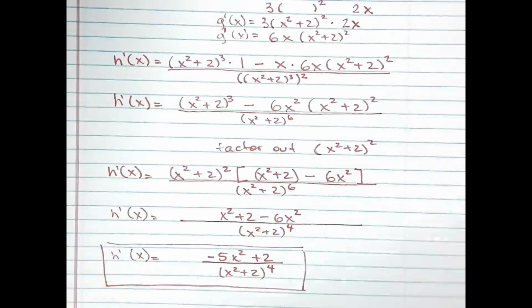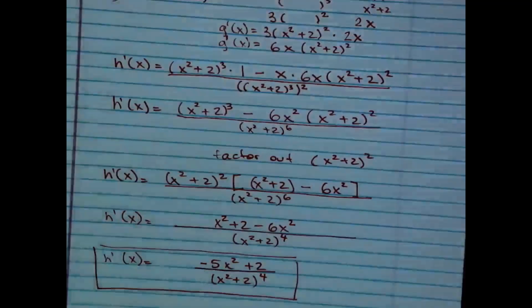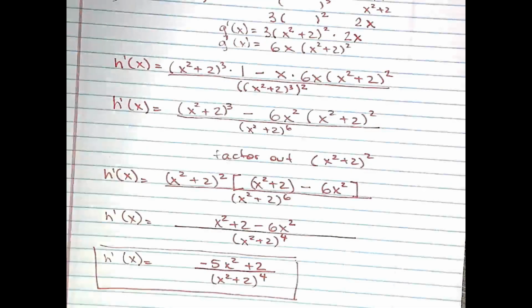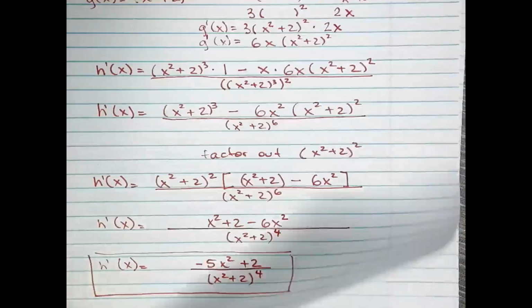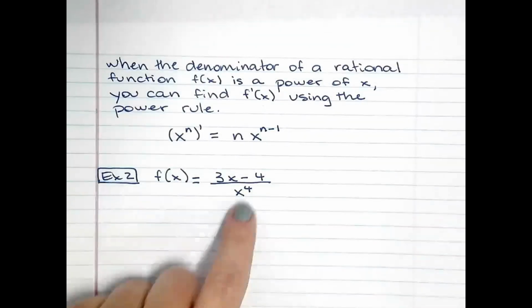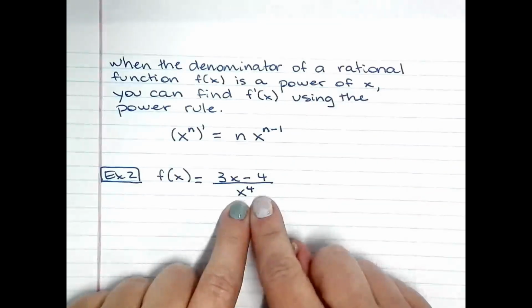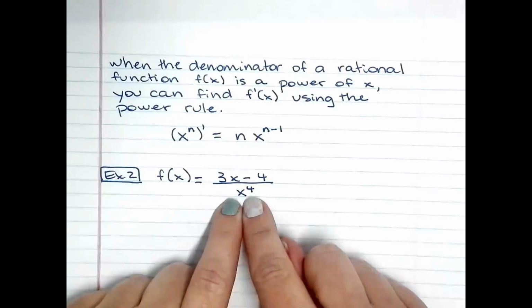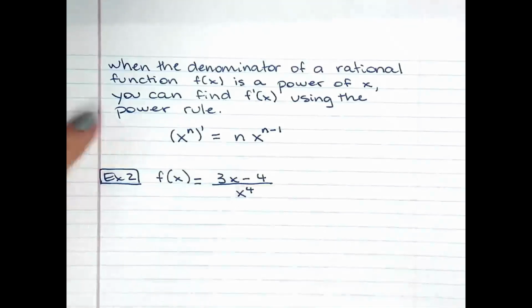Now, there is an easier way depending on what the question is. I will find another one. Aha. So if you get lucky and you have just a simple x to whatever power, if you don't have a binomial in the denominator, you can go ahead and use just the power rule instead of the quotient rule.